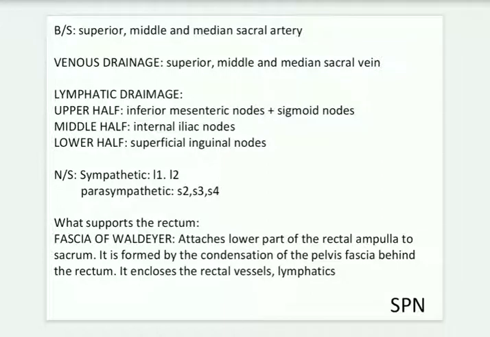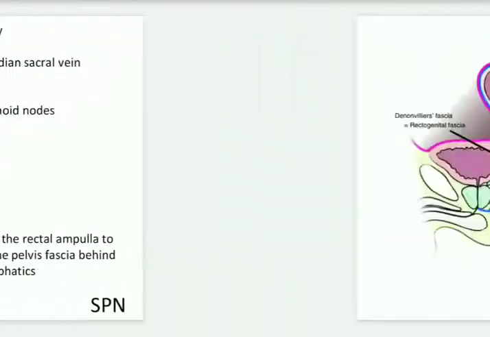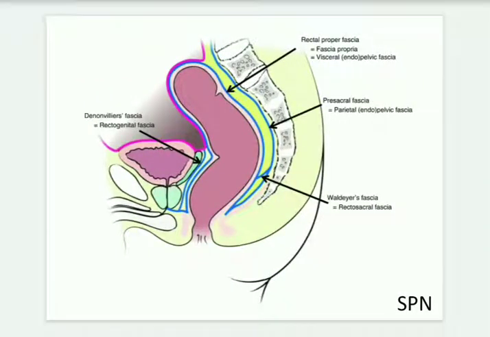It is attached from the lower part of the rectal ampulla to the sacrum, formed by the condensation of the pelvic fascia behind the rectum, and it encloses the superior rectal vessels and lymphatics. This supports the rectum. You can see in this picture the fascia of Waldeyer, or rectosacral fascia, with a blue line.